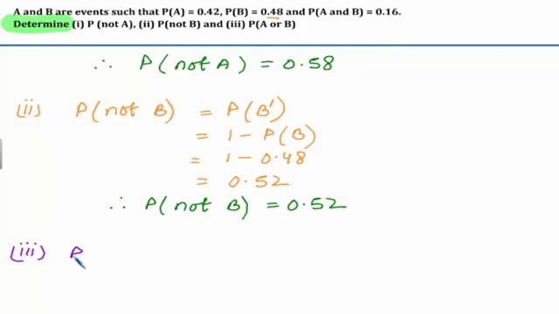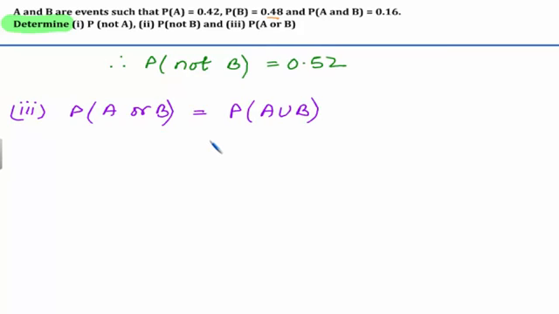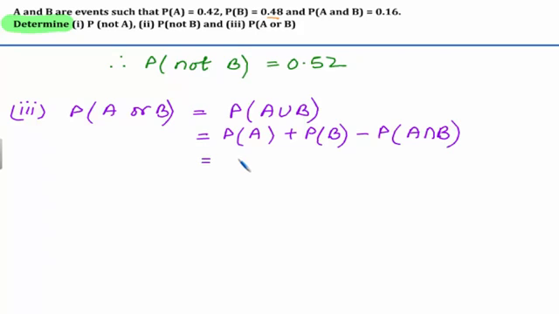Now let us proceed on to the third part. In the third part, we have to find probability of A or B, and this can be written as probability of A union B. And the formula to find the probability of A union B is probability of A plus probability of B minus probability of A intersection B, that is A and B. So this is equal to 0.42 plus 0.48 minus 0.16, and this is equal to 0.74.